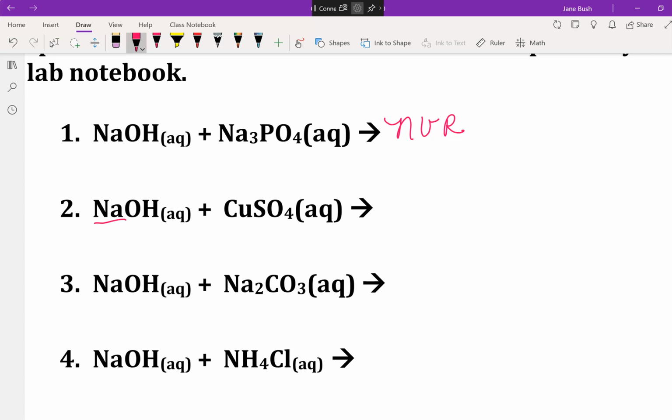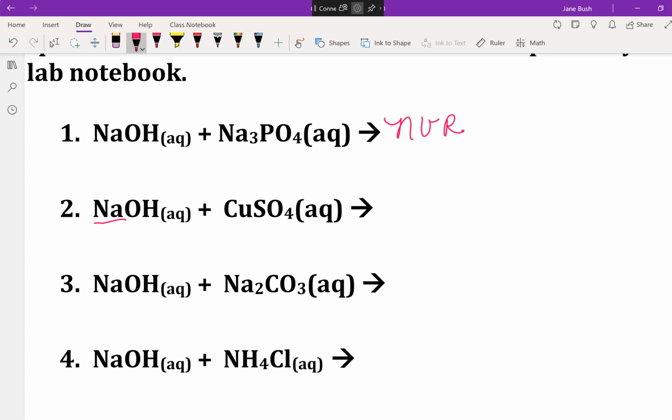All right, next one, potassium sulfate and copper 2 iodide. What do we know about potassiums? They're always soluble. Now look at the iodide. It's in the chloride column. Is it copper, lead, silver, or mercury?